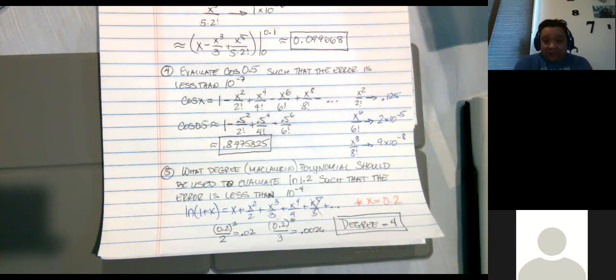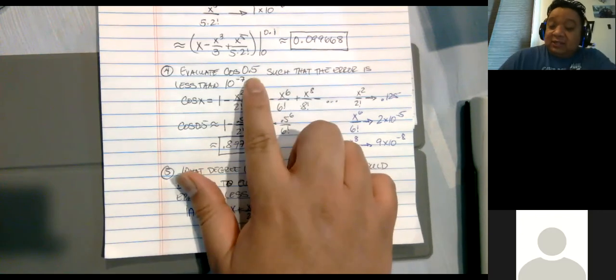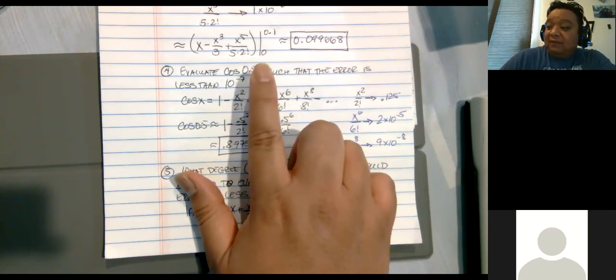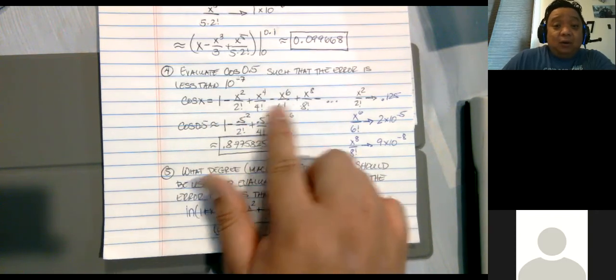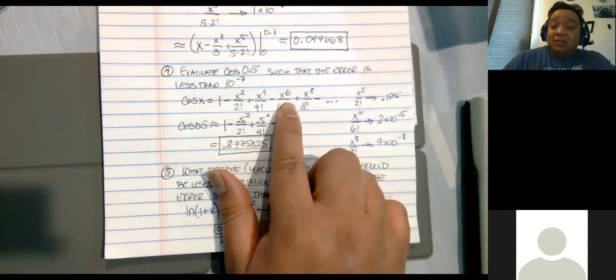All right, now the other thing. So it's cosine of 0.5. Notice that we use cosine x, which is the Maclaurin, which means the center was 0.